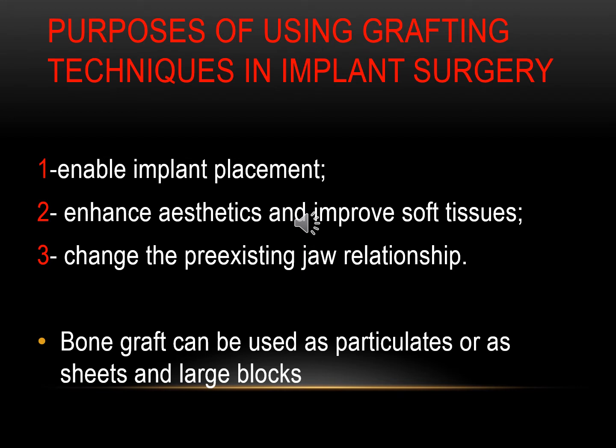If we have a class 3 relationship, that means we have bone resorption in the maxilla. In this case, we can use grafting material to increase the bone dimensions in the maxilla and change the class 3 relationship to a class 1 relationship.